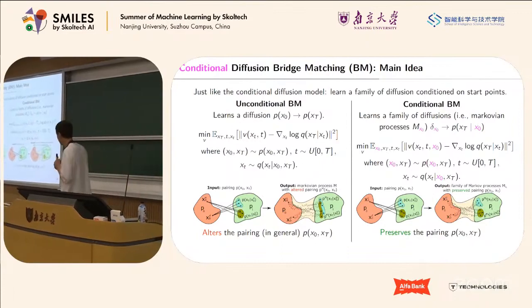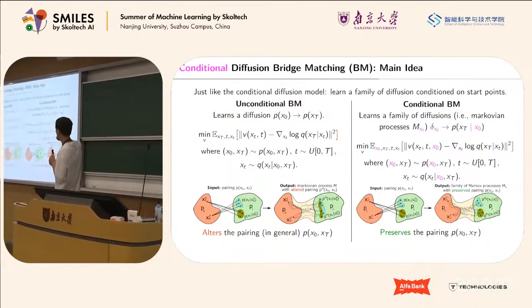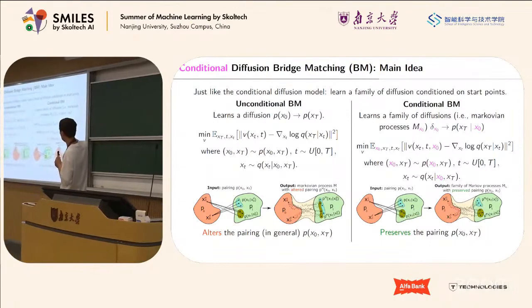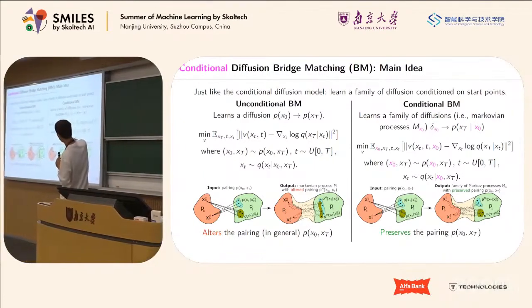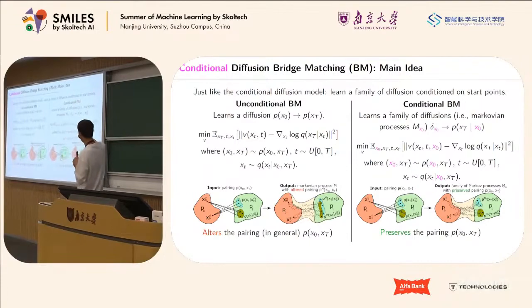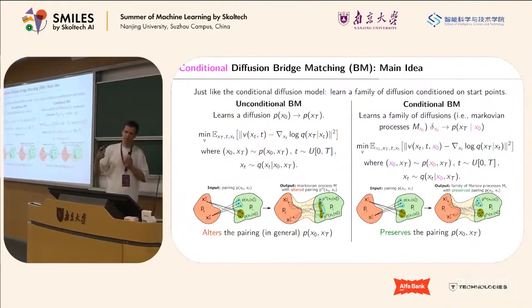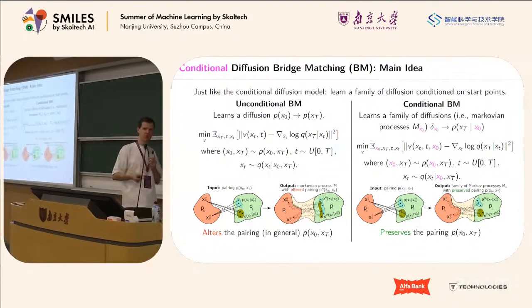What changes in practice? In fact, only one thing changes. We just add the condition to our speed vector. Here, this might be misleading, because here in expectation it should also be x0, because it is needed to sample XT. But anyway, there is only one thing which changes. You just add a condition to your neural network which learns the drift.